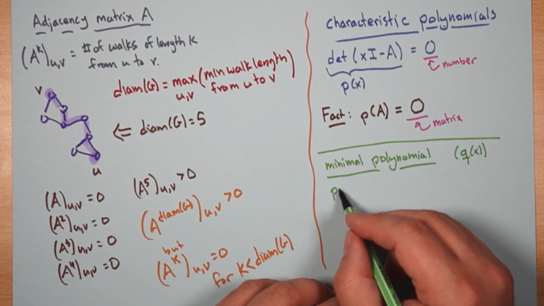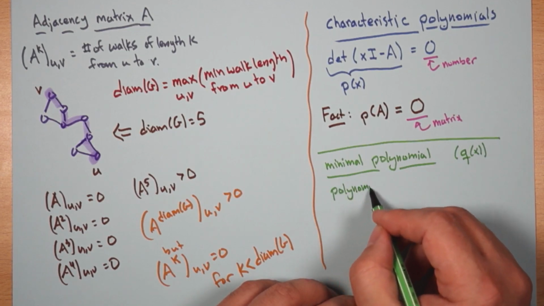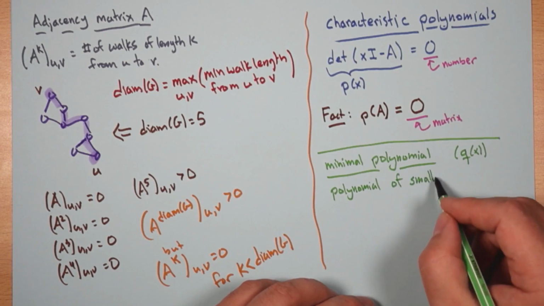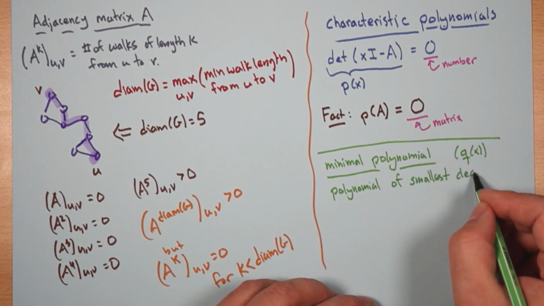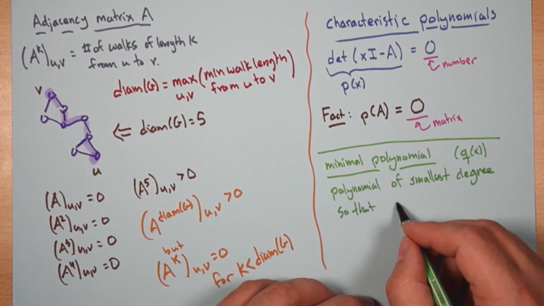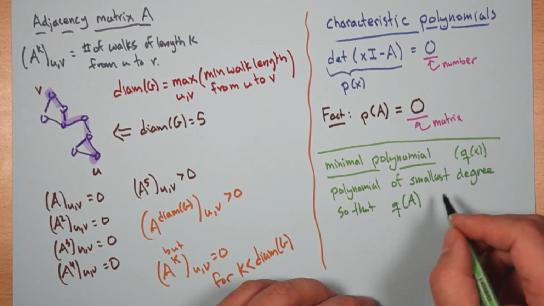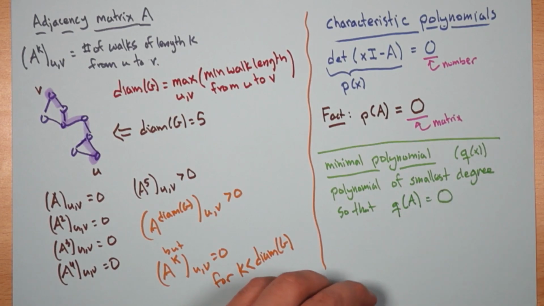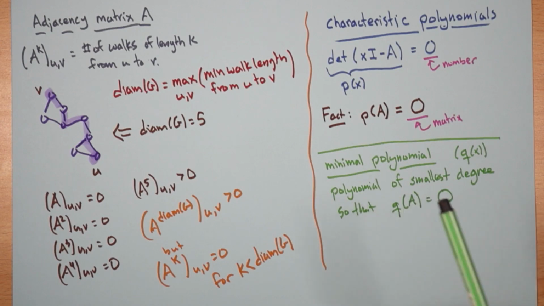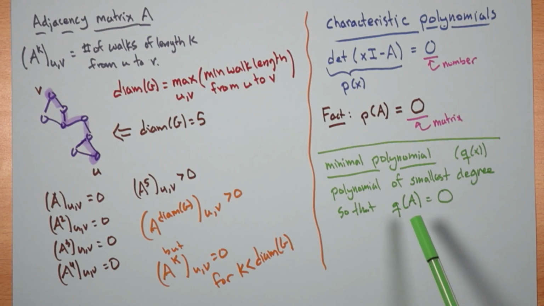It's the polynomial of smallest degree, and we want a non-trivial polynomial here, so that q of our matrix is equal to, again, the zero matrix. So when we talk about minimal polynomial, we're talking about minimal polynomial of a matrix. And we say, all right, can this be computed? Well, it turns out the answer is yes.